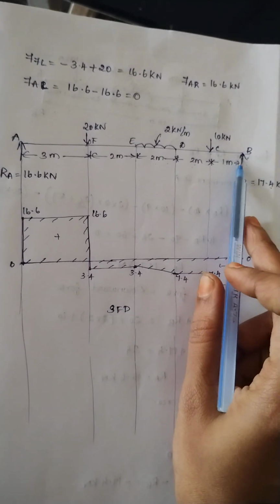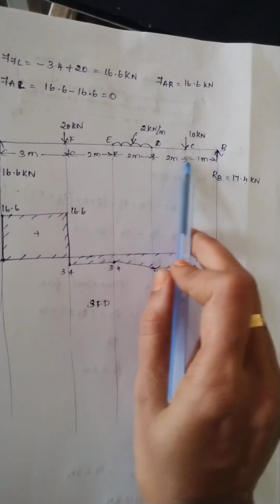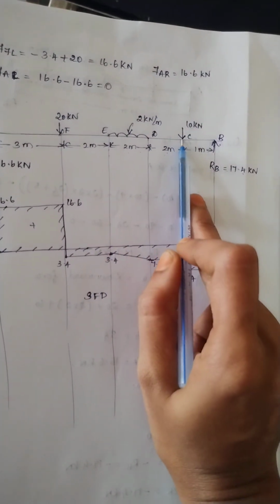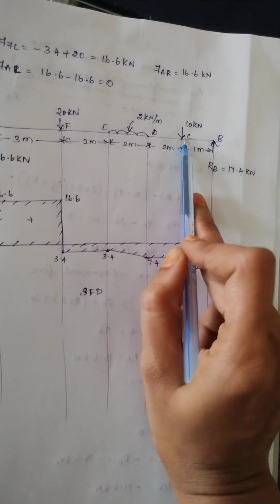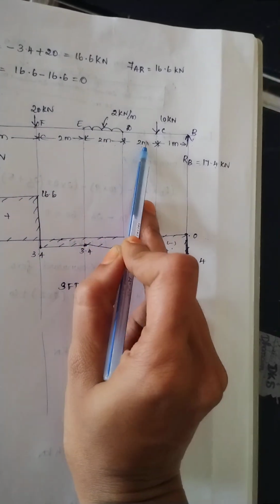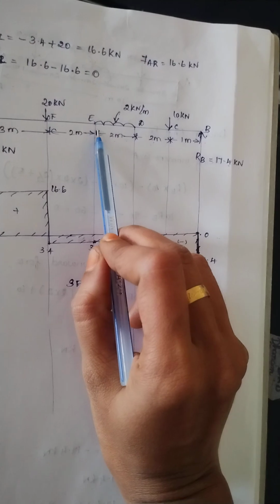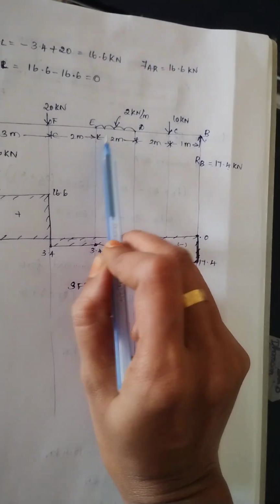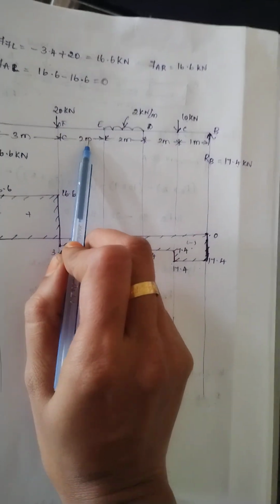Moment at A from B point. Therefore, RB is acting upward, sign is positive. RB into distance from B to A is total distance 10. Then the C point load is acting downward, therefore minus 10 into distance from C to A is 9. Then UDL is also acting downward, therefore minus 2 into 2 by 2 plus distance from E to A, 5.